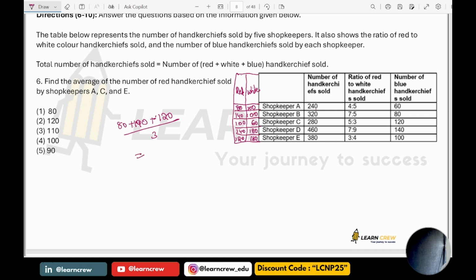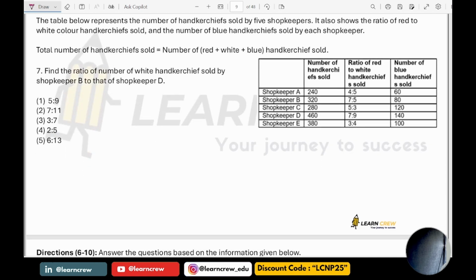So 180 plus 120, 300. 300 by 3 would be 100. So answer is option 4. Now question number 7. Find the ratio of the number of white handkerchiefs sold by shopkeeper B to that of shopkeeper D. So here 100 is to 180. Thereby the answer is 5 is to 9.